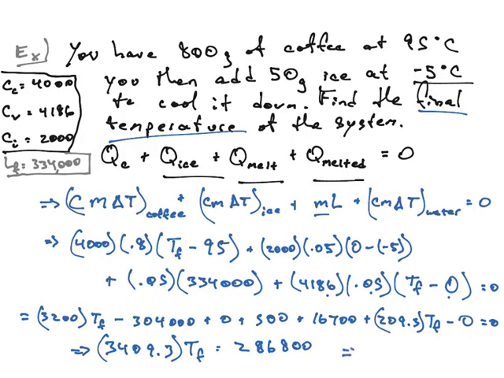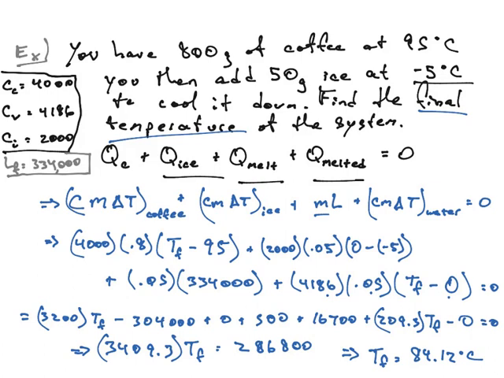We want to get TF by itself, so we divide both sides by 3409.3, and we get that TF must be 84.65.12 degrees Celsius.